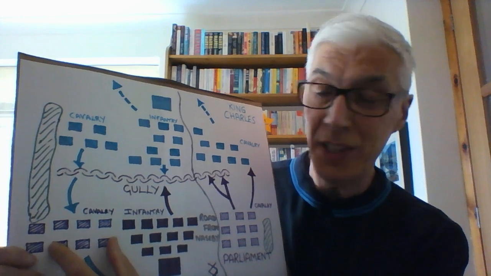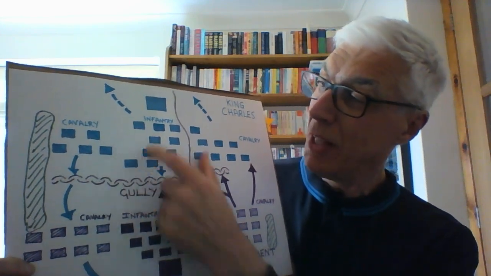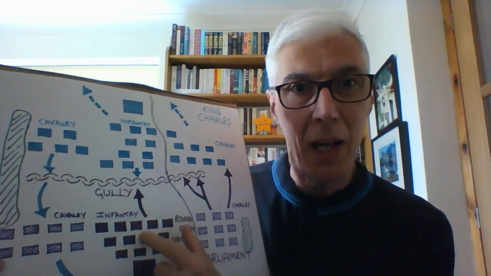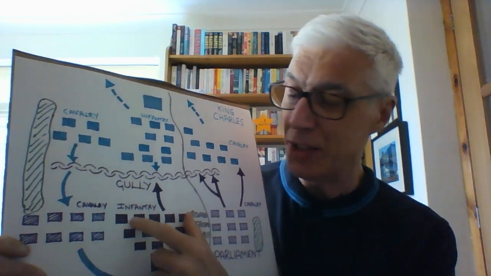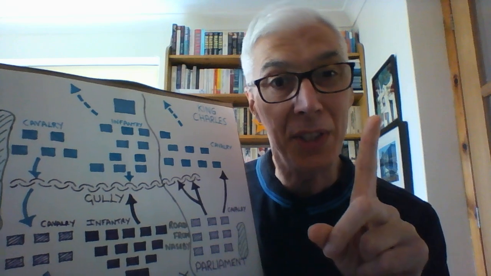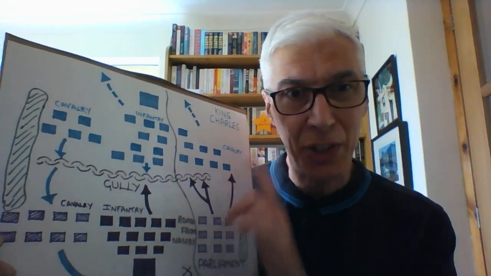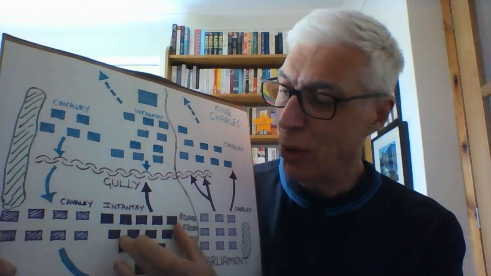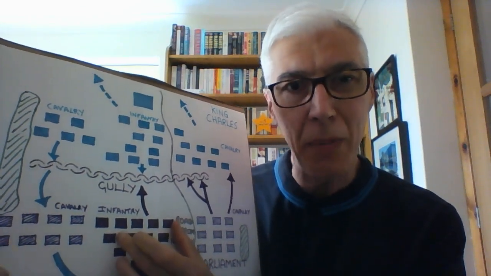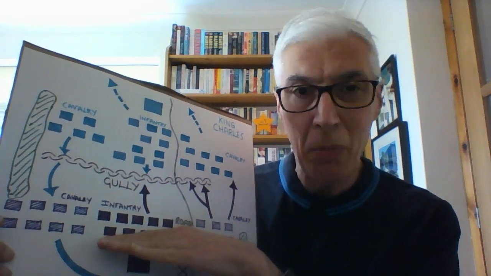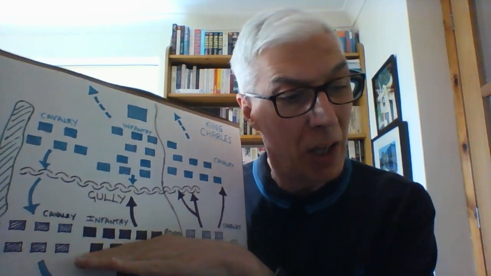Prince Rupert has defeated the cavalry, and now the king's infantry break through the New Model Army's first line of defence. But, there's always a but, ladies and gentlemen. Thomas Fairfax sees what's happening and he goes in and encourages his men, and the second line of defence in the New Model Army stands firm.